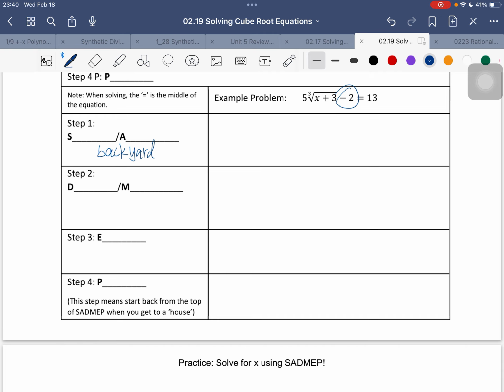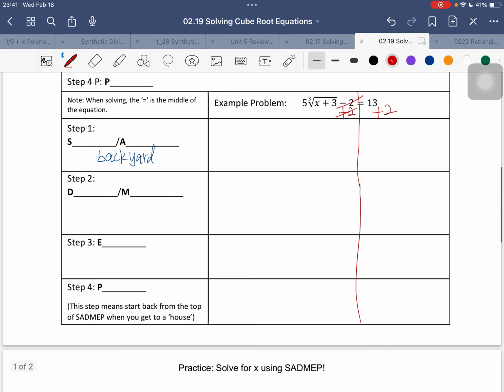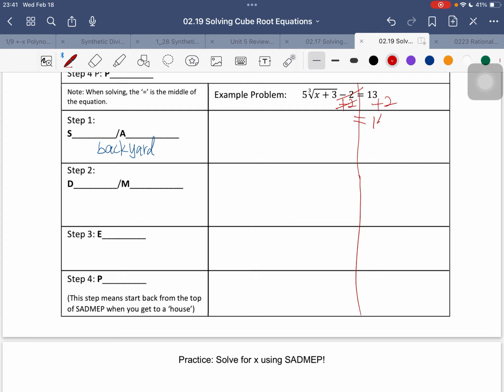It is minus 2. How do I remove the minus 2? Plus 2 on both sides. Okay, negative 2 plus 2 gets canceled out. On the right side, 13 plus 2 gives me 15. And I copy down what's left over.